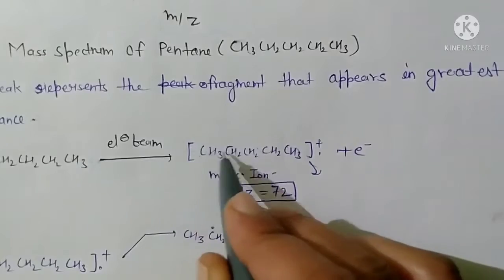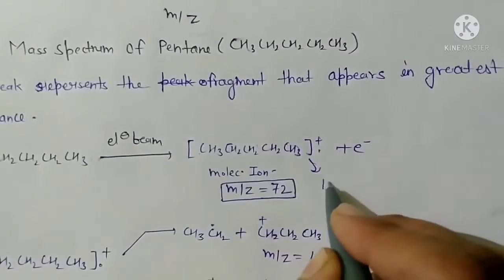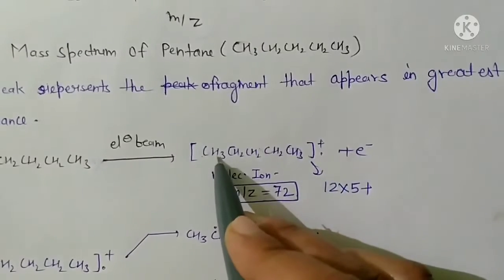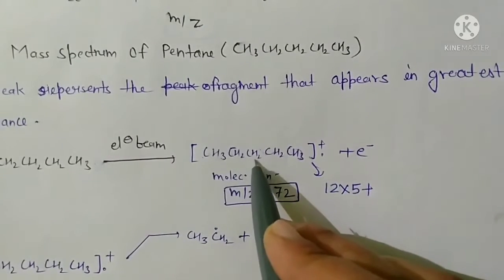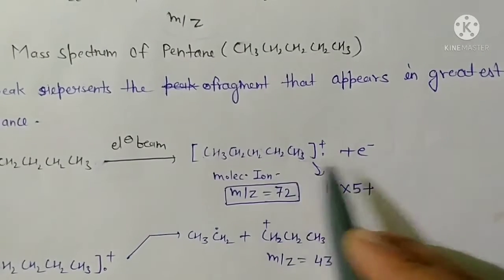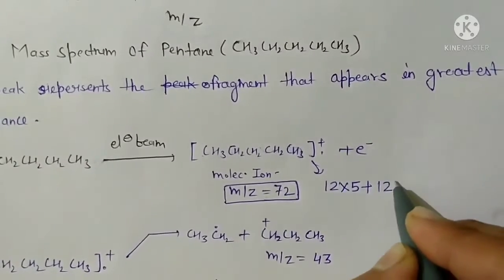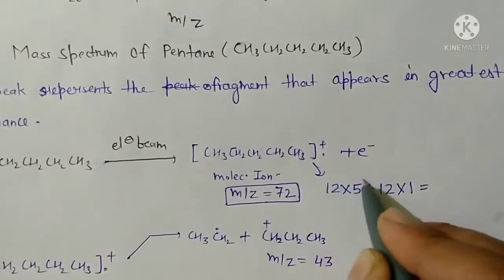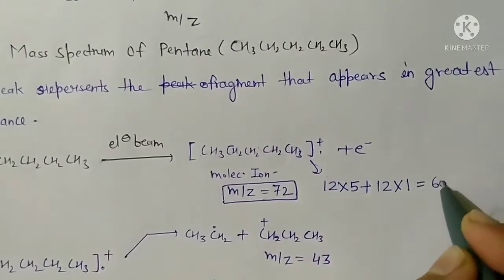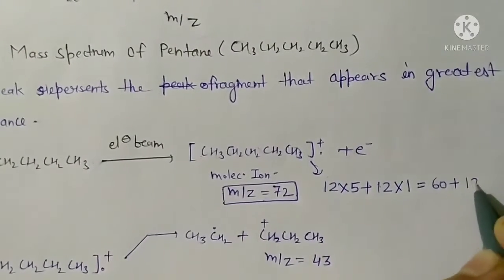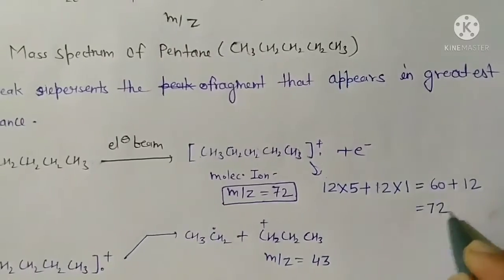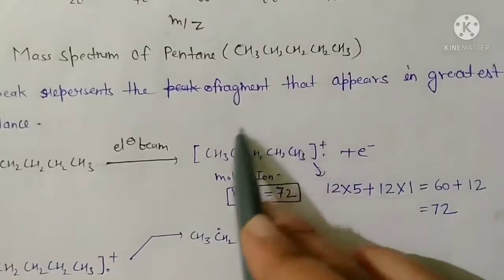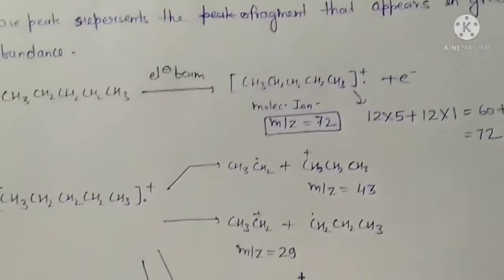This has 5 carbons, so 12 into 5, plus 12 hydrogens, and the mass of hydrogen is 1, so 12 into 1. 12 fives are 60 plus 12 is 72. So the m/z value is 72 for this radical.